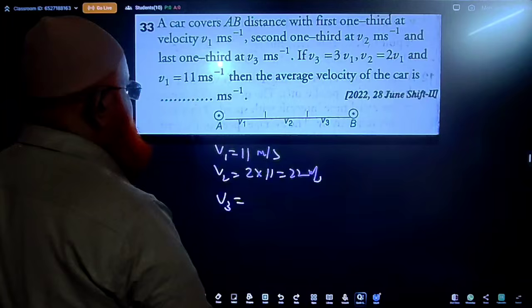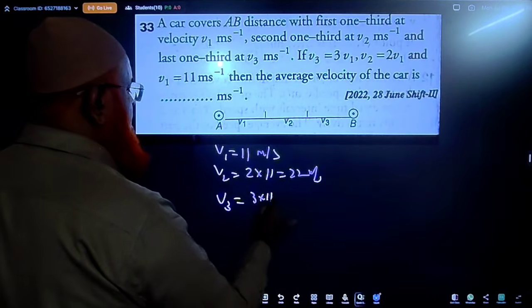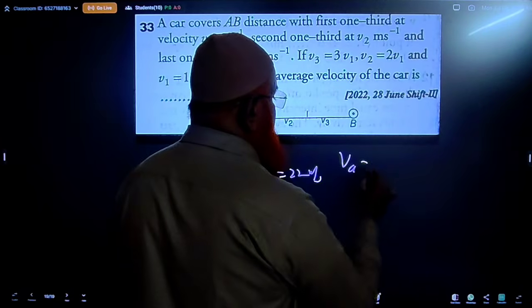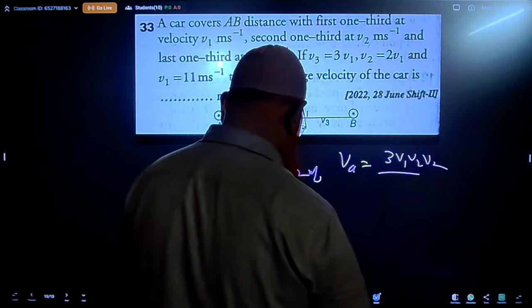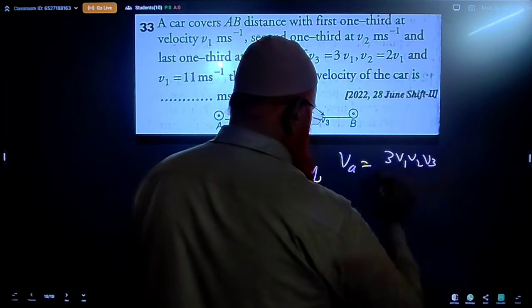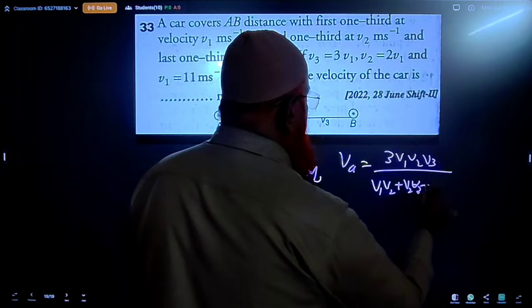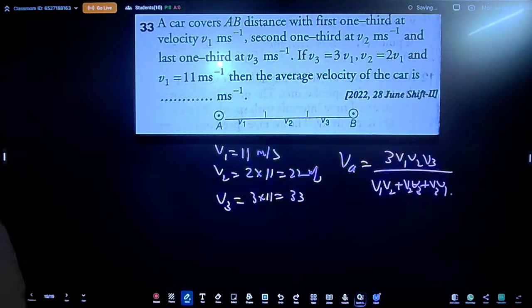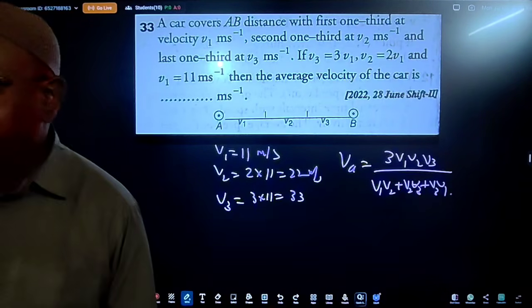What is v3? v3 is 3 times v1, so 3 into 11 is 33. Find the average speed. You all know the formula for the three cases is 3v1 v2 v3 divided by v1 v2 plus v2 v3 plus v3 v1. If you substitute all the values here, we get the final answer. So these are all the models we have discussed today.